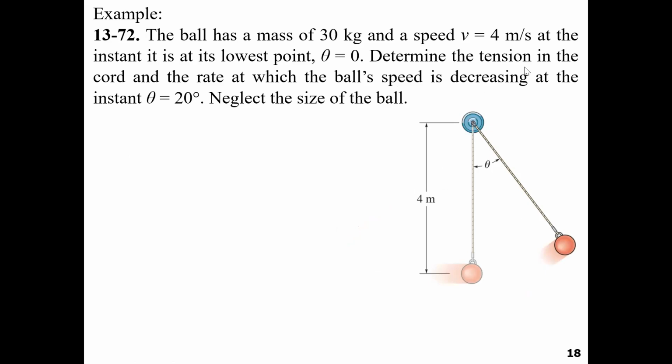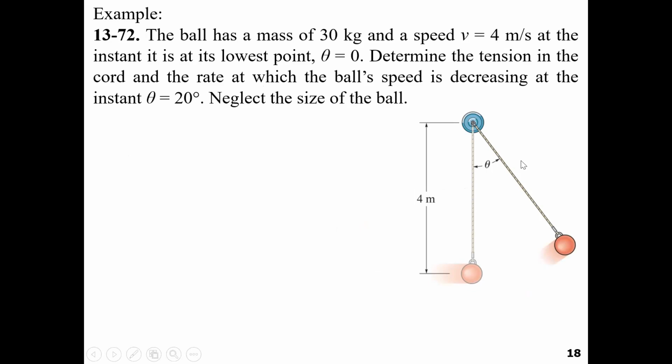I'm going to do this example to see how it works. It's a simple pendulum. So you have the length of the cord, you have the angle, you have the mass. It says this ball has a mass of 30 kilograms and a speed of 4 meters per second when theta is 0.